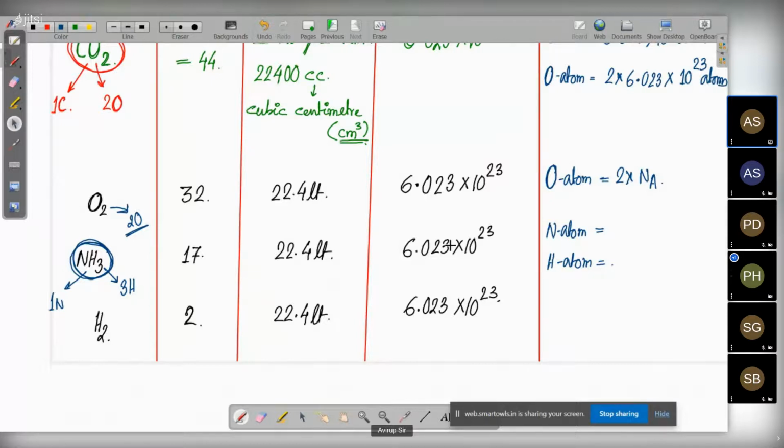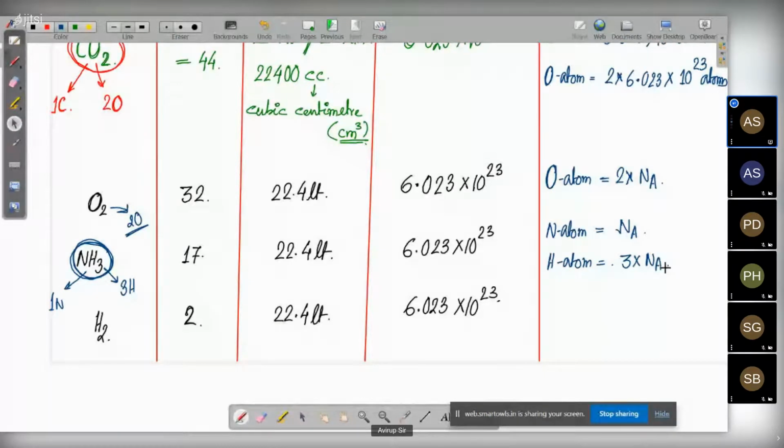One into Avogadro number of nitrogen. Yes, it is 1 into Avogadro number, because in one molecule, one nitrogen is present. In Avogadro number of molecules, 1 into Avogadro number, so you can simply write Na. Then how many hydrogens are present? 3 into Avogadro number, because one molecule has 3 hydrogen. Thus Avogadro molecules have 3 into Avogadro hydrogens.